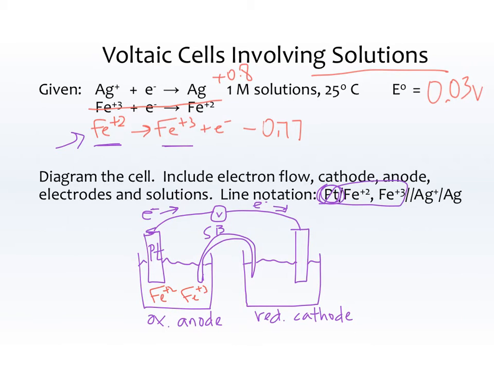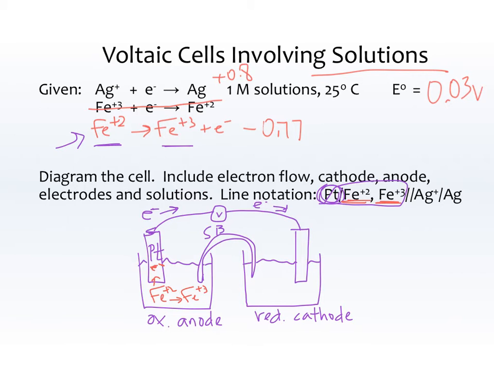Those things are both just floating around in that solution, not the metal itself. That's not a piece of iron metal. So also see that Fe+2 comes before Fe+3, so this reaction will be going that direction. They always put it in the order of the way it's happening. So that's oxidation. So the electron is coming off the Fe+2 and going onto that platinum, and then from the platinum it's going across the wire.